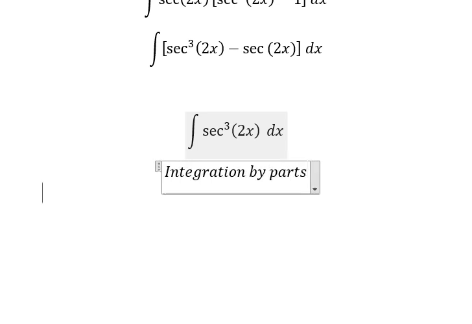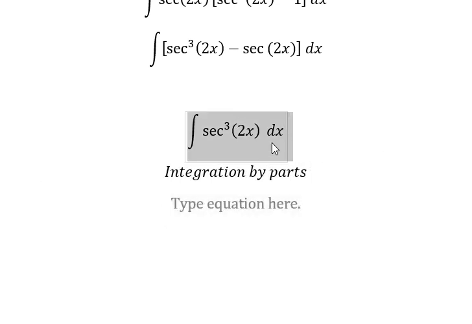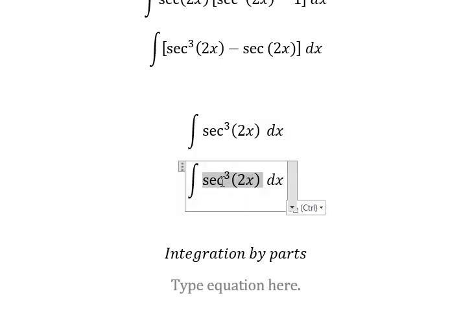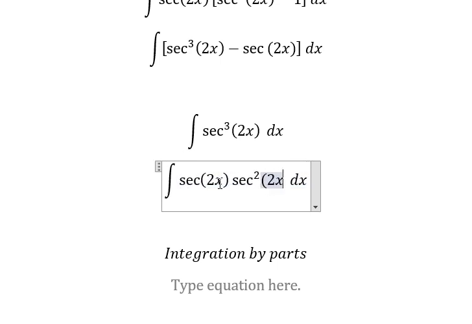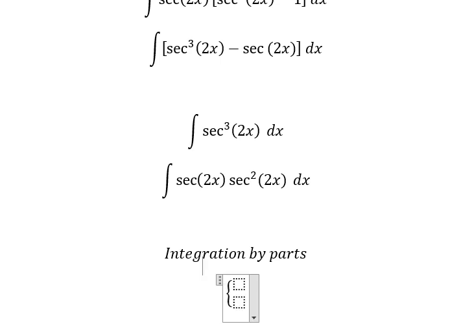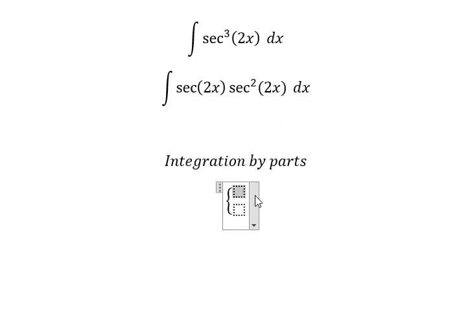by parts. So, in this situation, we need to know that this one is about secant of 2s multiplied by secant of 2s squared. So I will put u equal to secant of 2s.